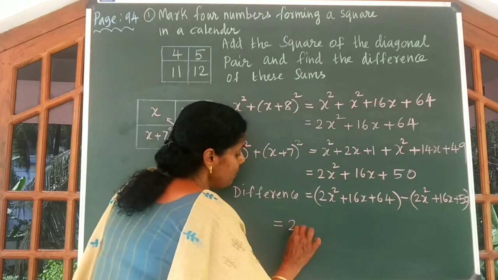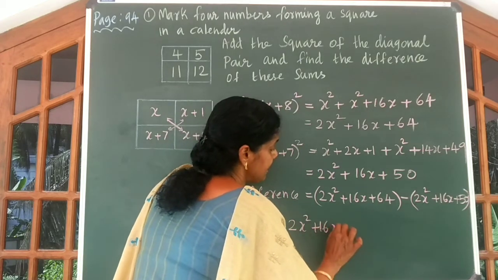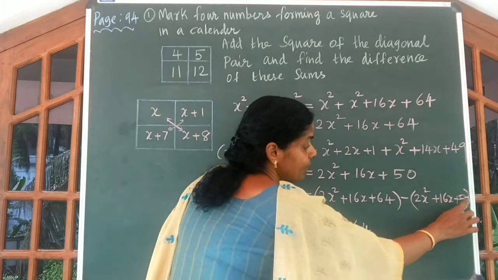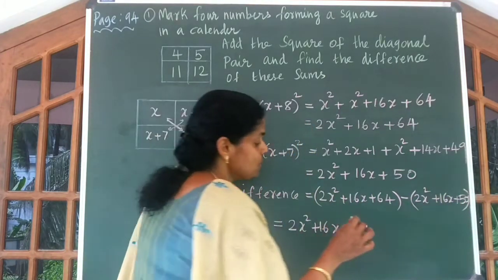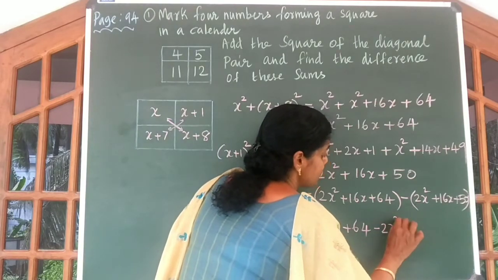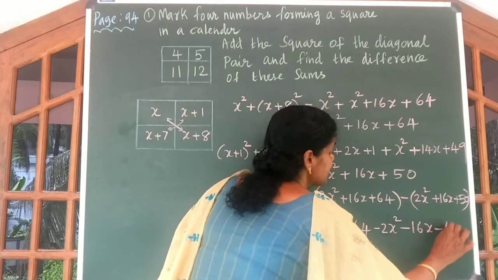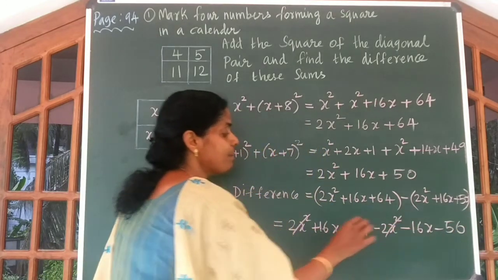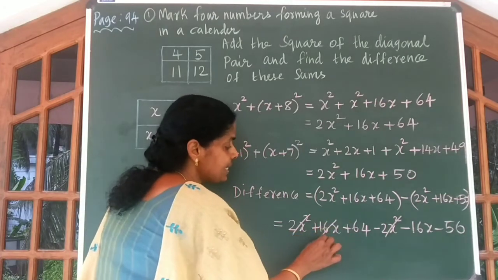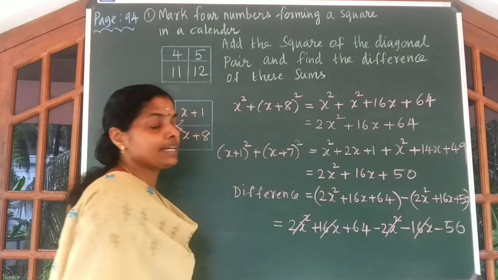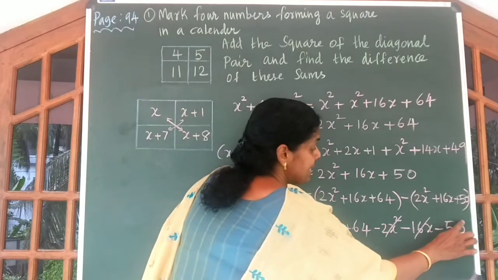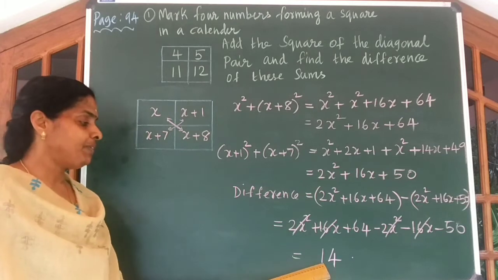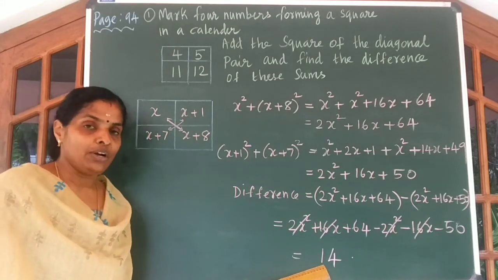This minus sign is common for all the three terms, isn't it? So you get minus 2x square minus 16x minus 50. Now 2x square cancels with minus 2x square, 16x cancels with minus 16x, 64 minus 50 gives you 14. So we have explained the difference between these two is always 14.